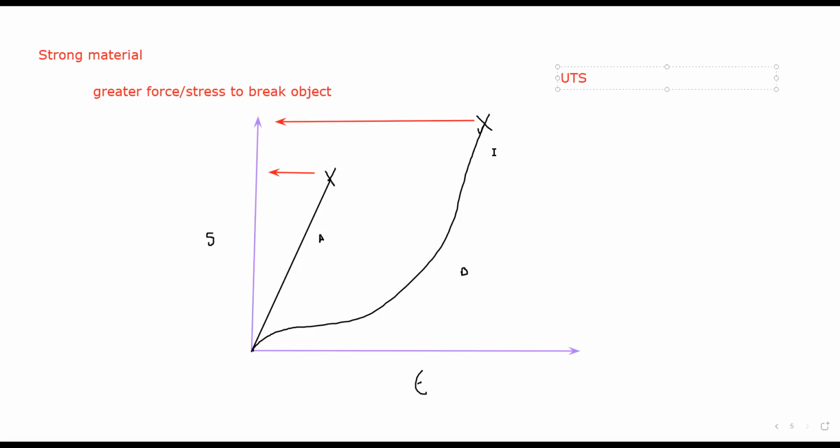So UTS means ultimate tensile stress. That is the maximum stress applied on the object, known as UTS.